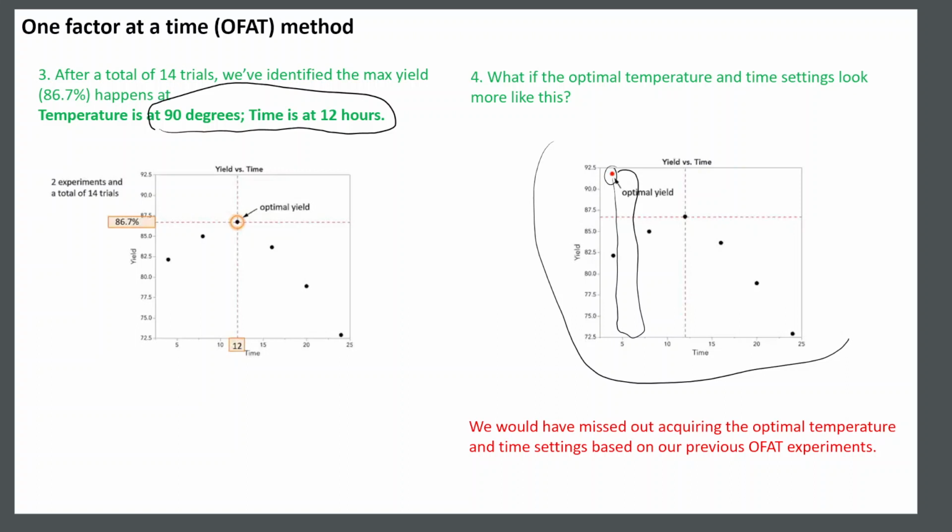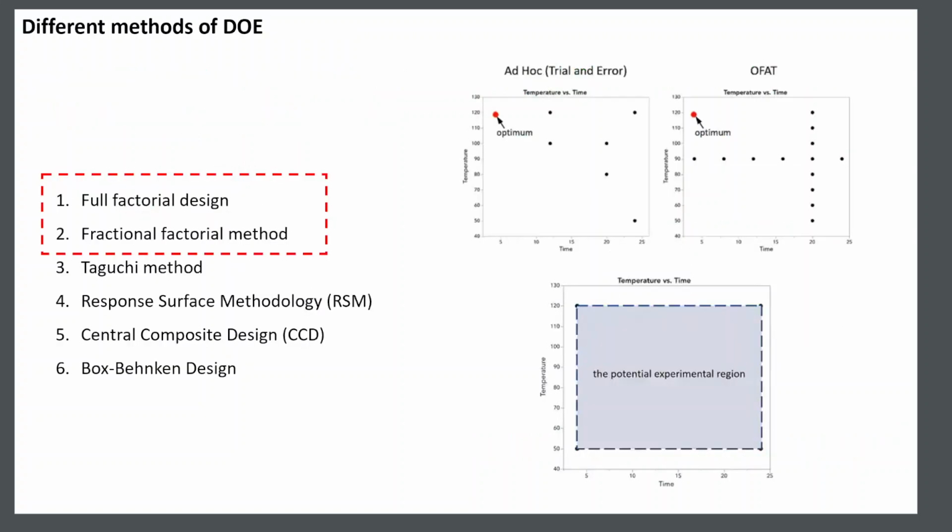It just tells us the factors independently and their impact on the yield. So these are the drawbacks of this OFAT experiment. To counter this drawback, we are moving on to the next, more robust method, a carefully planned method called design of experiments.